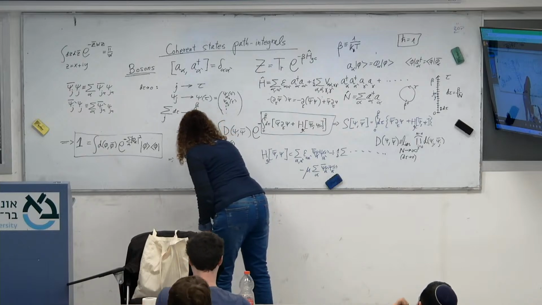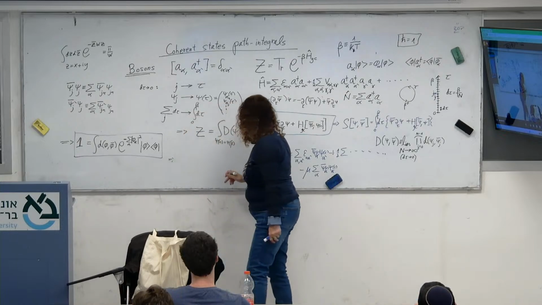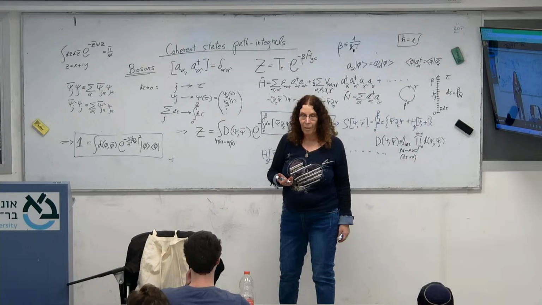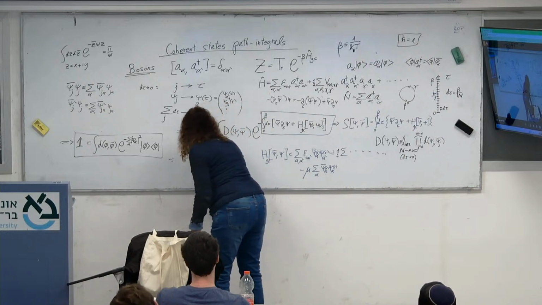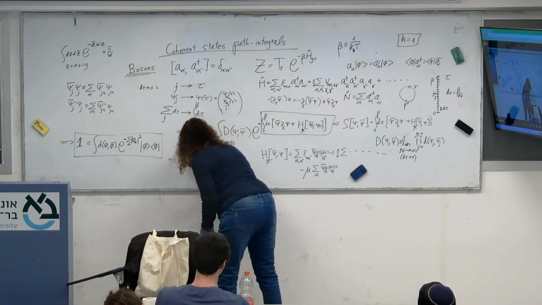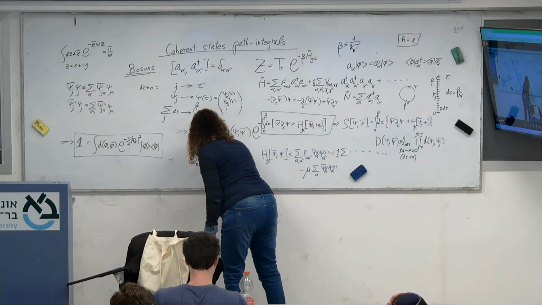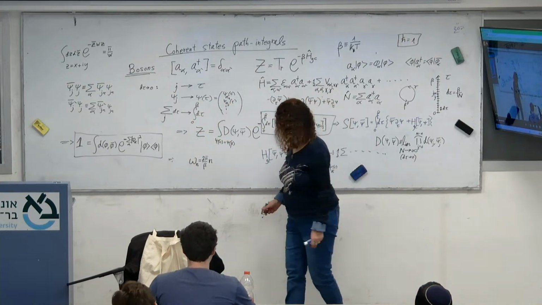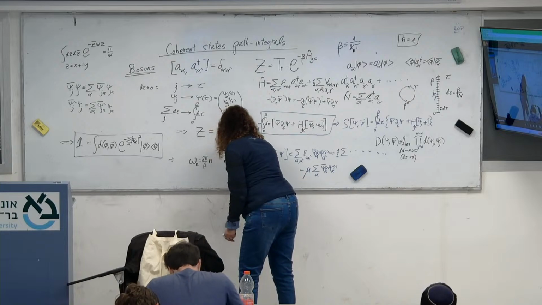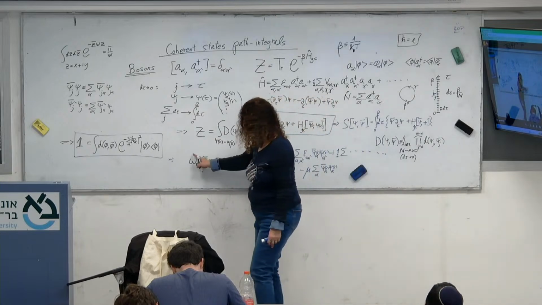So if the period is beta, there is an elementary frequency that is 2 pi over beta, right? So we're going to introduce a series of Fourier components with frequencies omega n given by 2 pi over beta times n, where n here is an integer. So there's a sequence of frequencies.